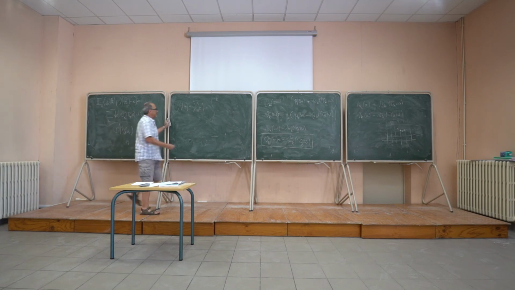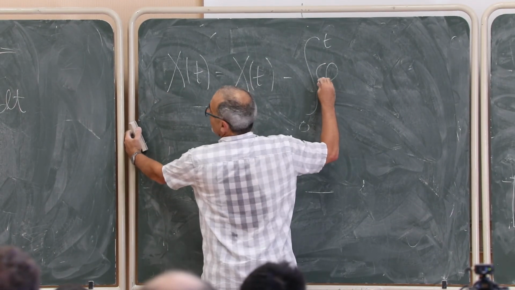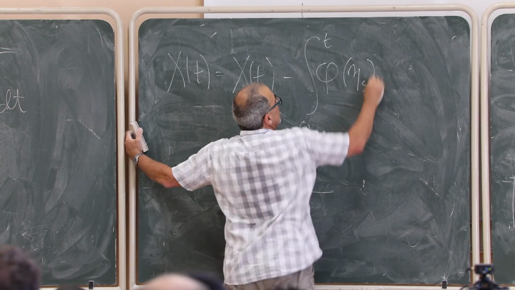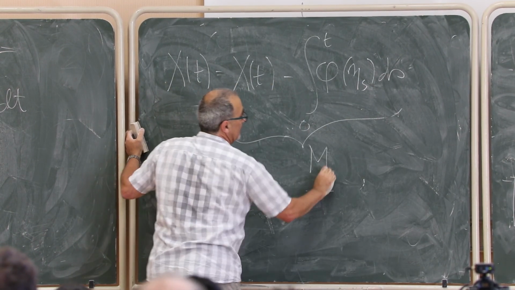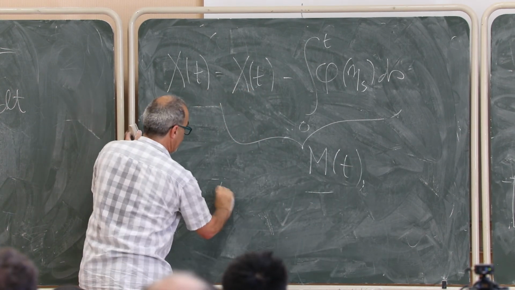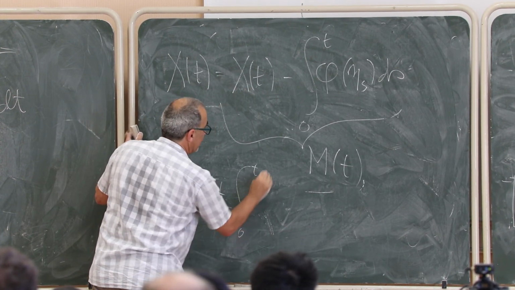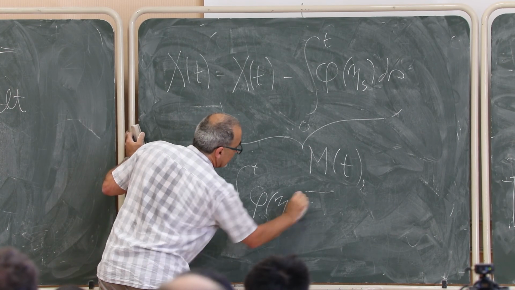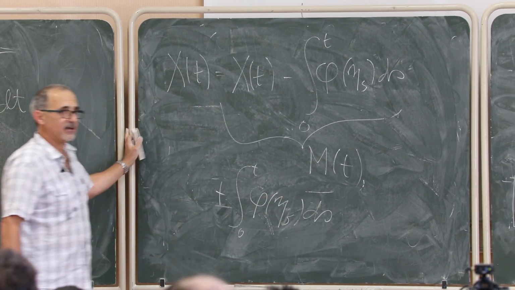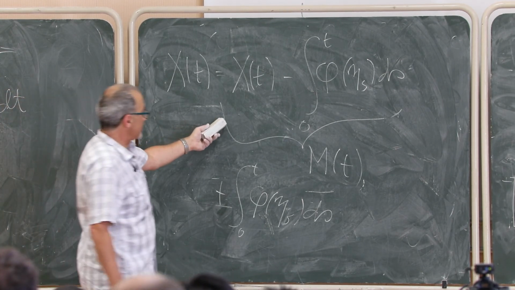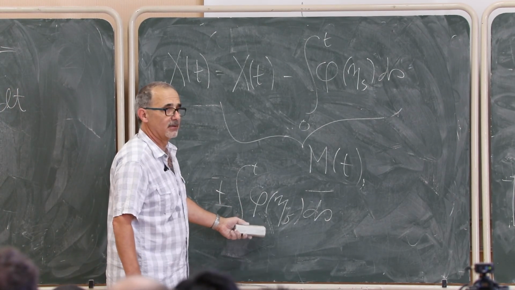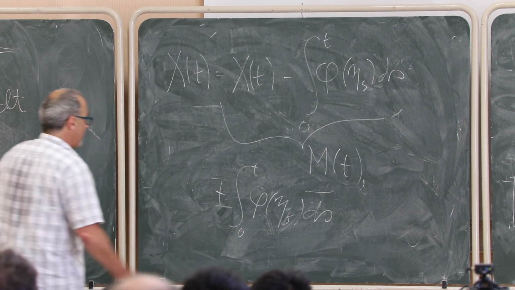If I subtract this, then this is a martingale, as I said, but I have to add back the integral from 0 to t of phi(eta_s) ds. So we are back to the problem I considered. This is a martingale, well understood. This is my problem, right? So we are back there.